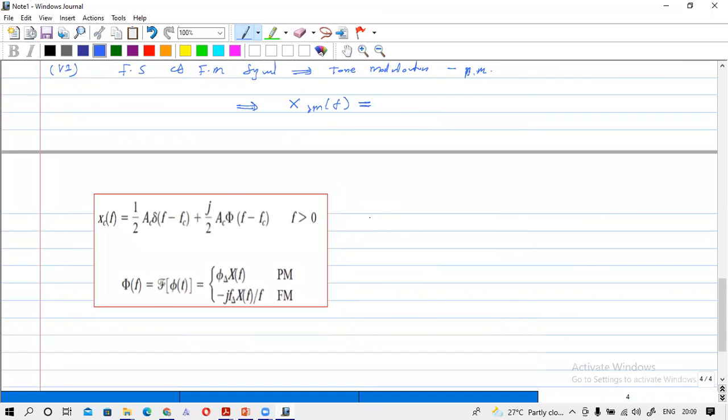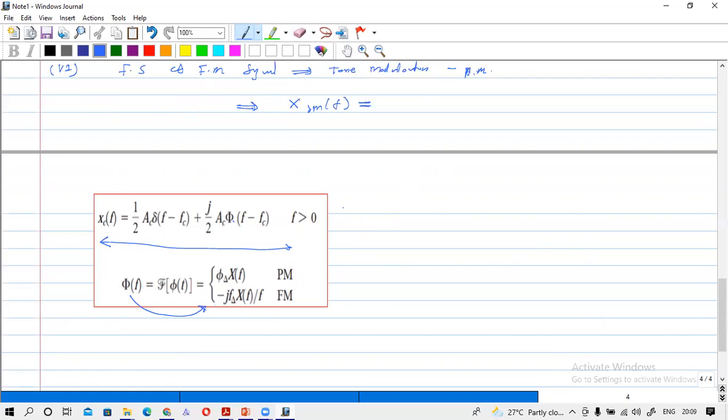This is the spectrum for the phase modulated signal and FM. In the case of FM, Φ(f) is equal to minus j F delta X(f) by f.